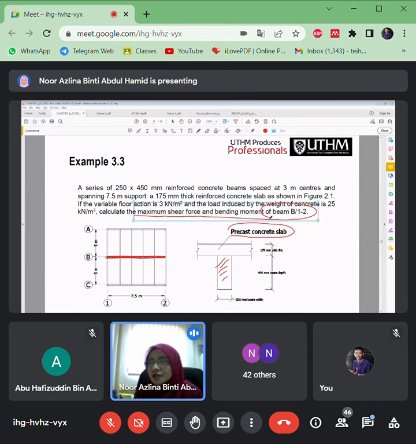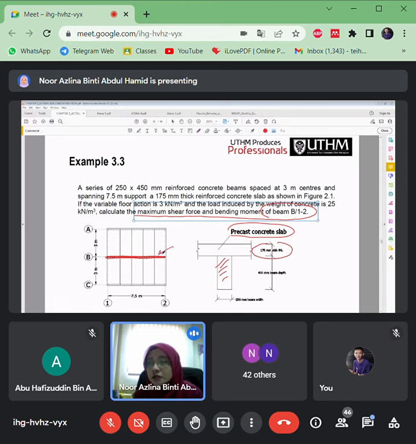There's no brick information here, so just ignore. There's no loading from the bricks. No others either. So this is the only loading that the beam will support, with the thickness of the slab here 175. So the concept is the same here.